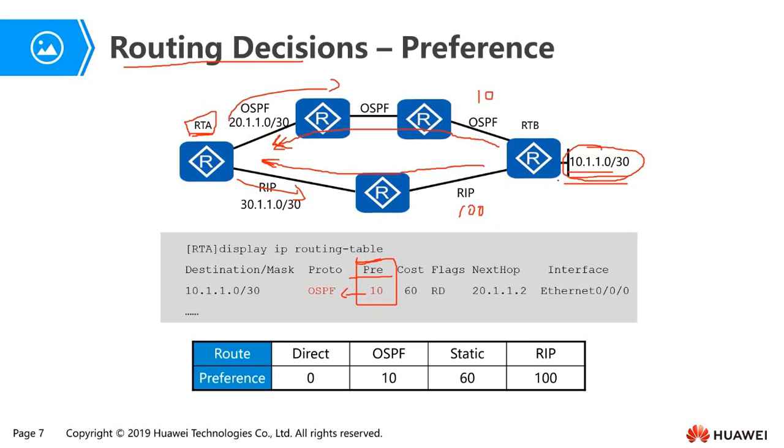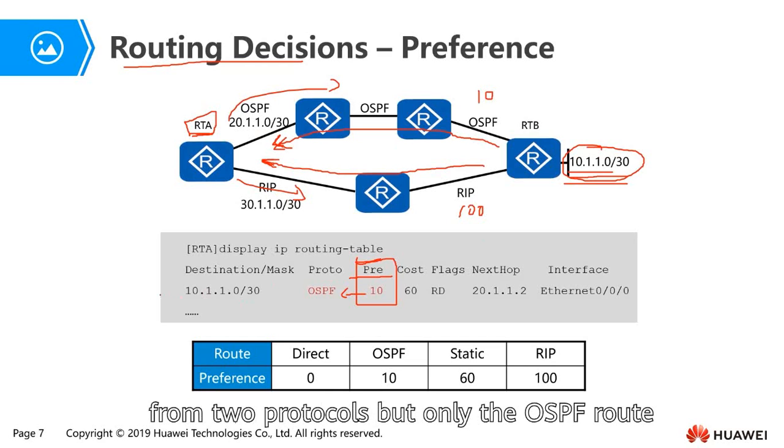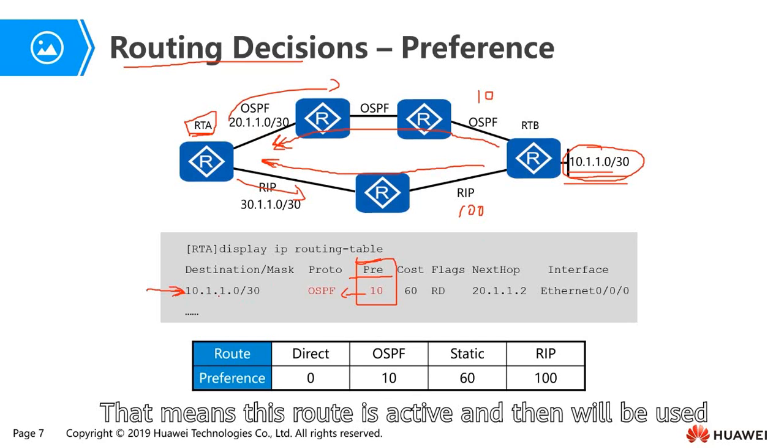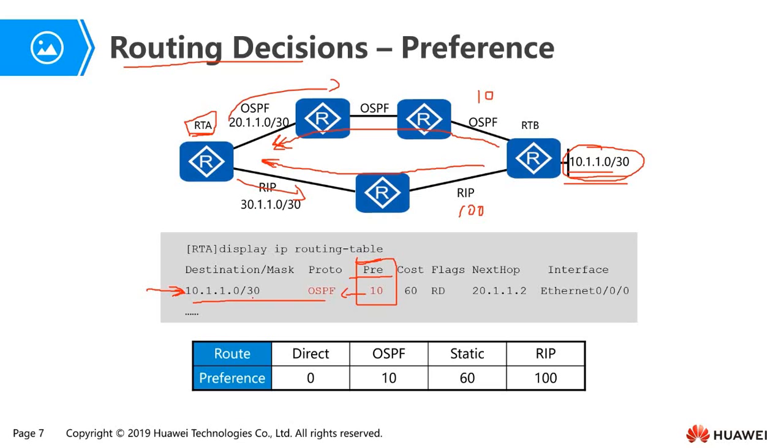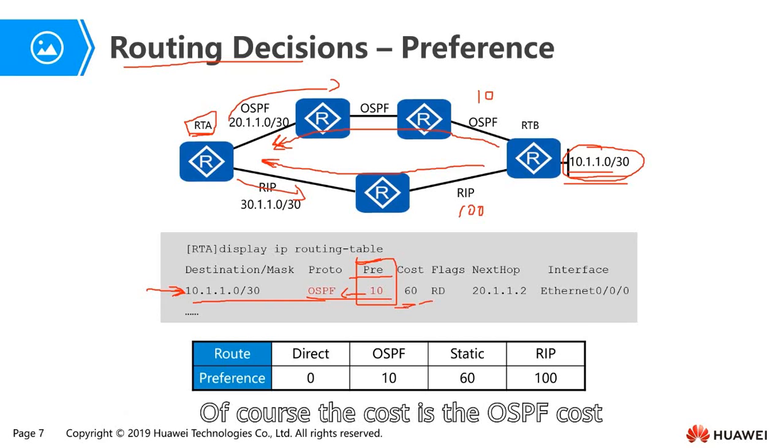That means RTA learned the destination network from two protocols, but only the OSPF route is effective, active and used. So this destination network, learned from OSPF, has preference 10, and then the cost, of course, is the OSPF cost, and then the next hop and the output interface.